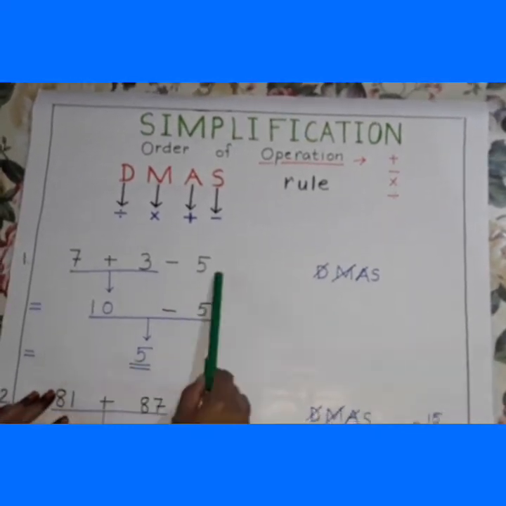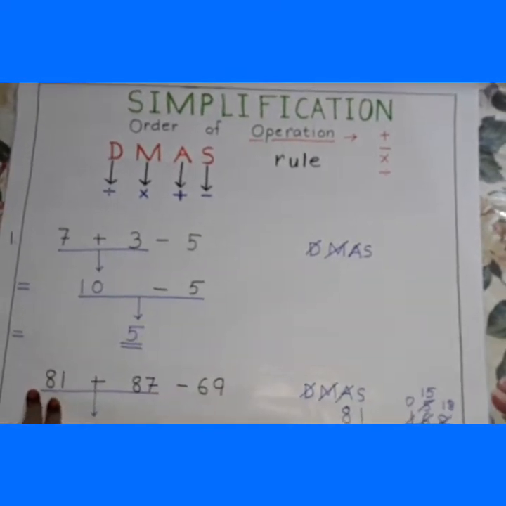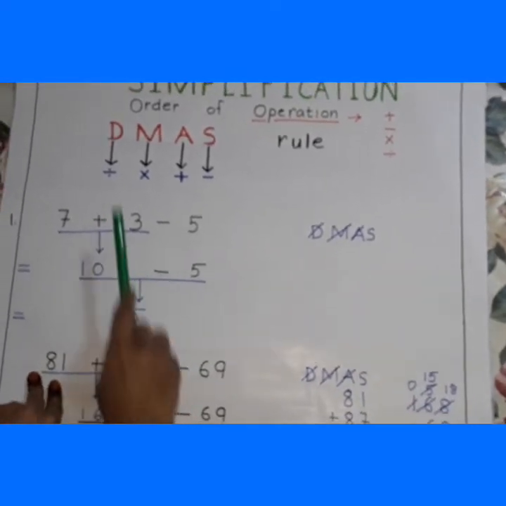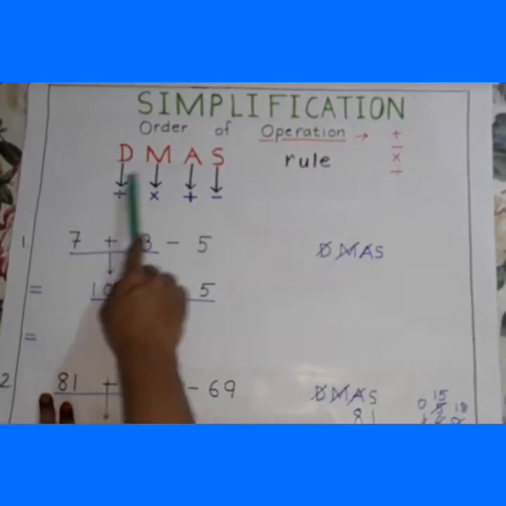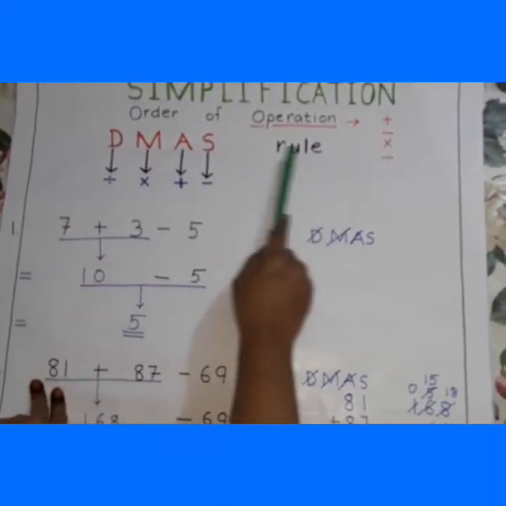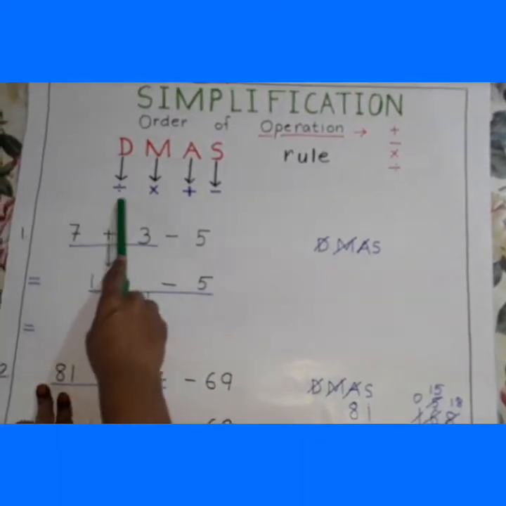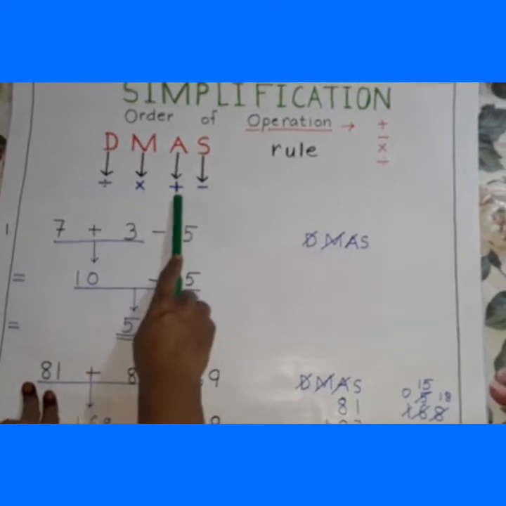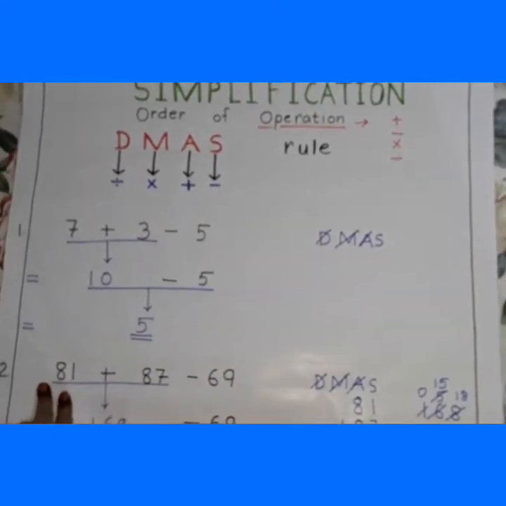And in a question, if more than two operations are present, then we have to follow a proper order. And that order is DMAS, the DMAS rule. It means first division, then multiplication, then comes addition, and then comes subtraction.